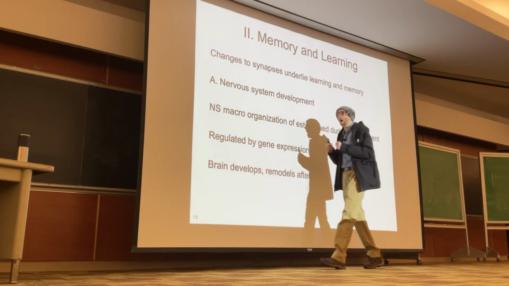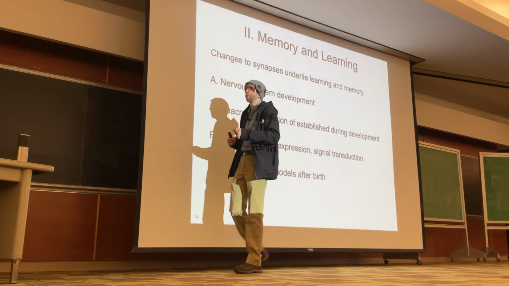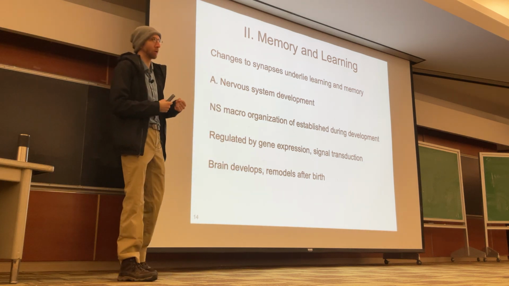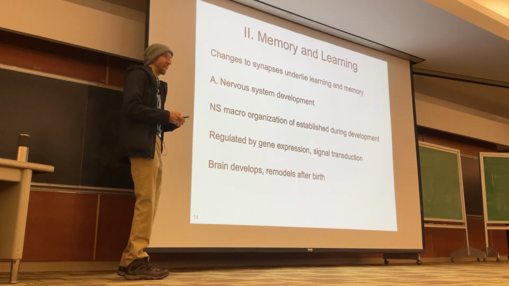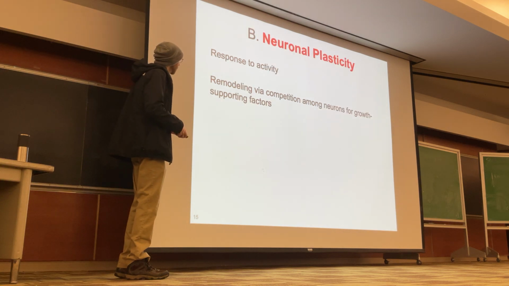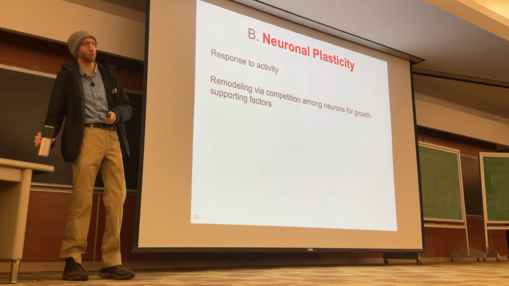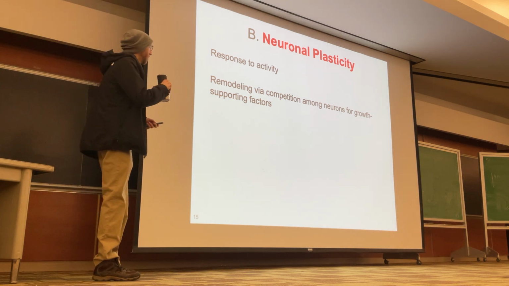It's all about constantly forming new connections, getting rid of old ones that you're not using, just remodeling the actual circuitry of those connections in your brain. So this concept is called neuronal plasticity, which is a term that we introduced in the first class of the semester all the way back in September.